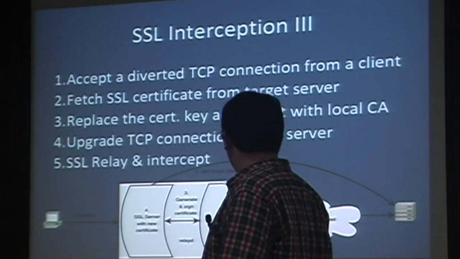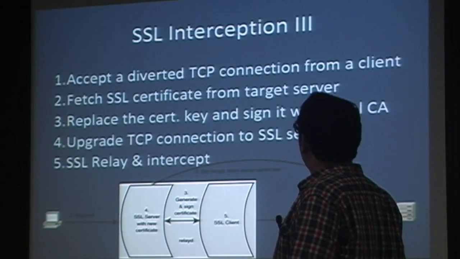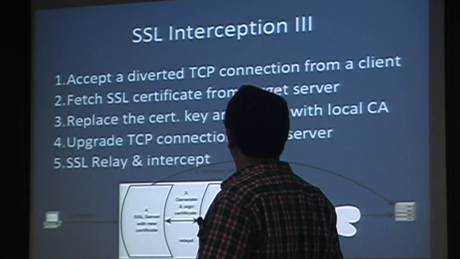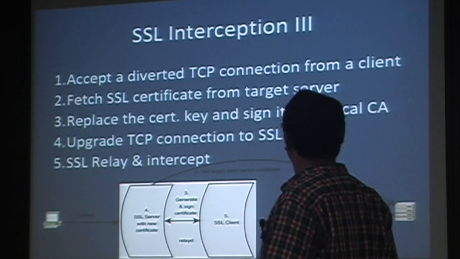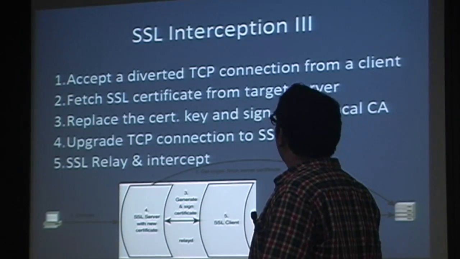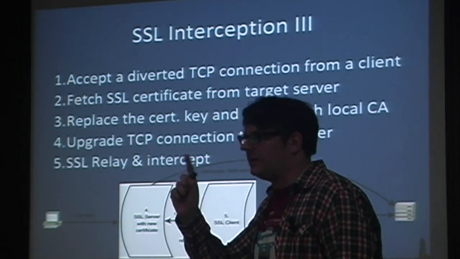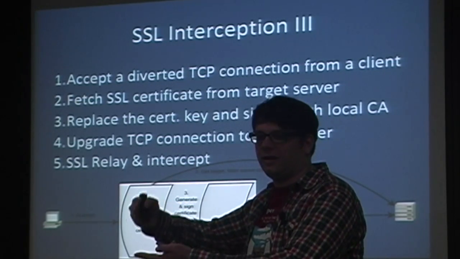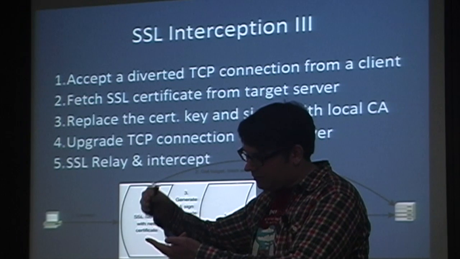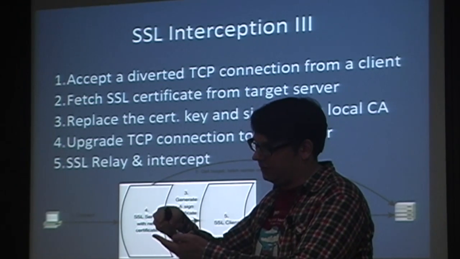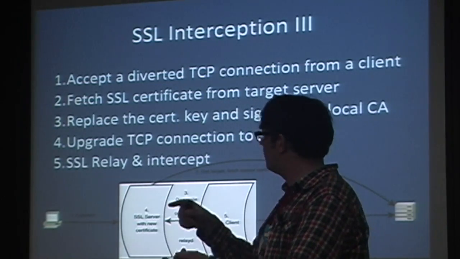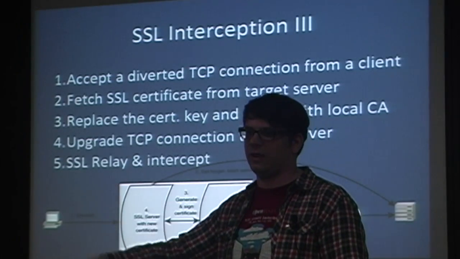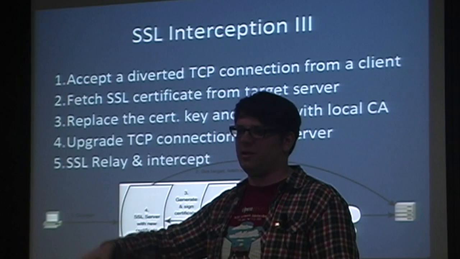So the SSL interception accepts a diverted TCP connection from a client. Actually, the client is intending to do an SSL connection, but at this point TCP comes first, and SSL is negotiated on a TCP connection. So at this point I'm talking about a TCP connection because I'm not starting the SSL negotiation yet.